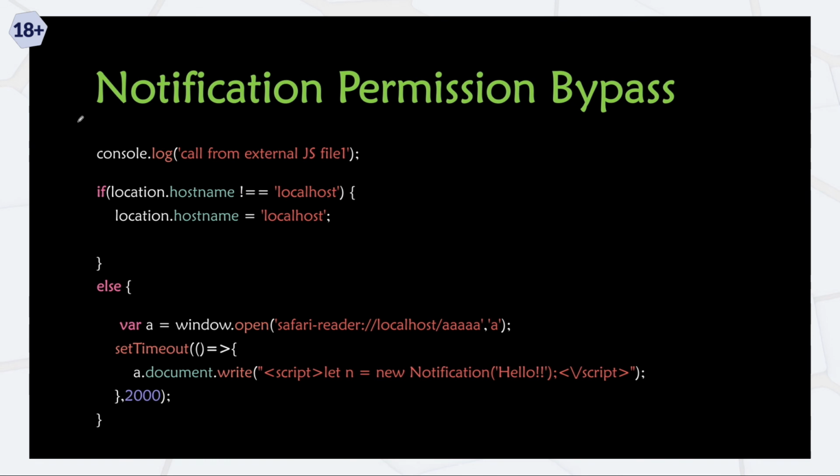Similarly, we can look at the notification permission as well, but the interesting thing was that for notification permission, it will not ask you for the prompt if you have already given the notification permission to localhost. So this was a plus point for notification permissions.